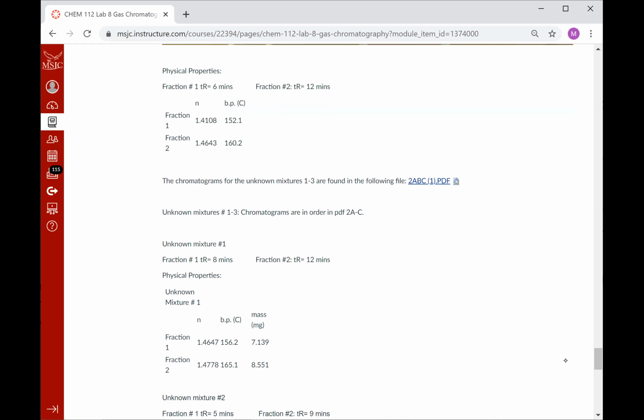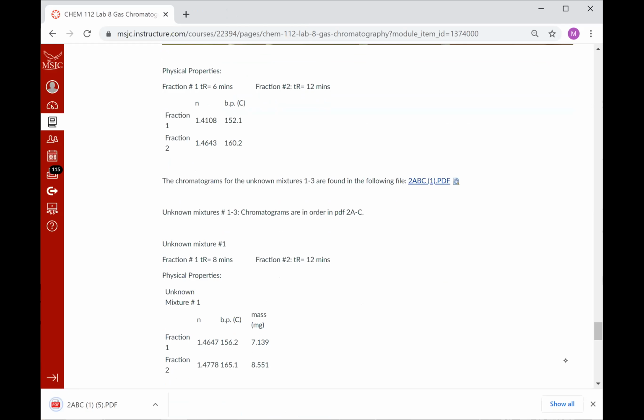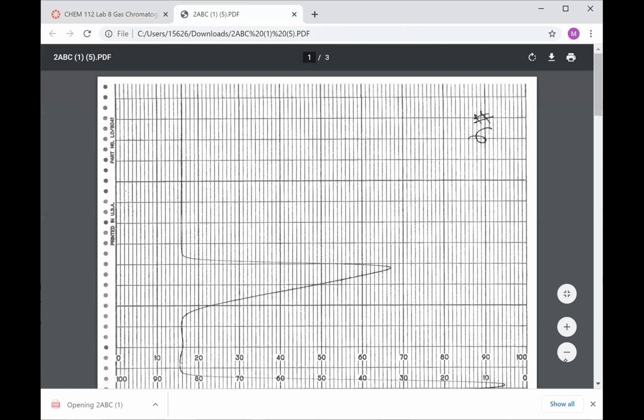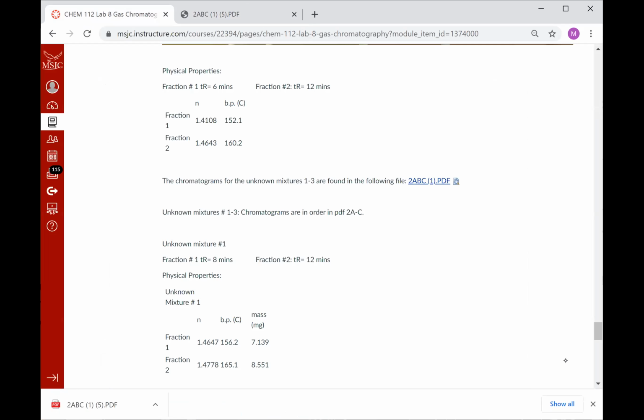The chromatograms for mixtures 1 through 3, which are your unknowns, are found in this PDF titled 2ABC. I'm going to need to see your analyzed PDFs attached to your report, and you can even include your analyzed PDFs in your results section.